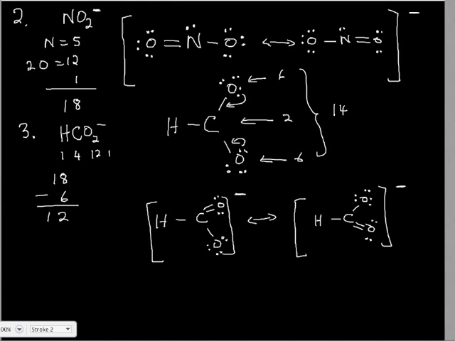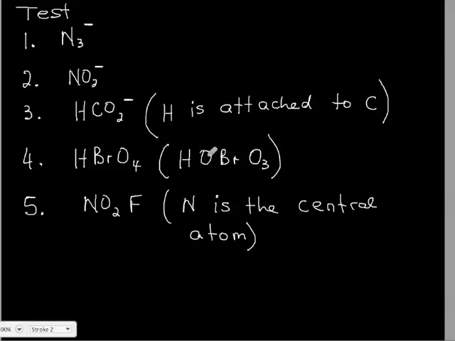Question 4 is very interesting. It's HBrO4. And you are told that H is attached to oxygen, oxygen is attached to bromine, and the 3 oxygens are attached to bromine separately.